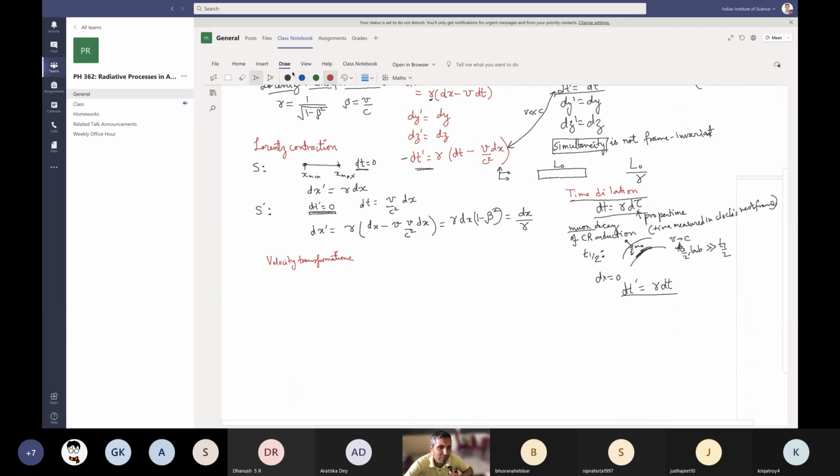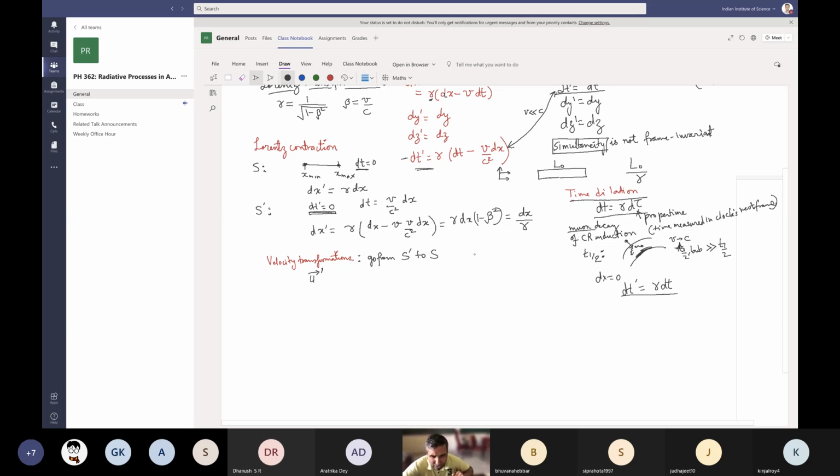So let's look at velocity transformation. What we want to do is go from frame S prime to S. Let U be the velocity and U prime be the velocity measured in the frame S prime.